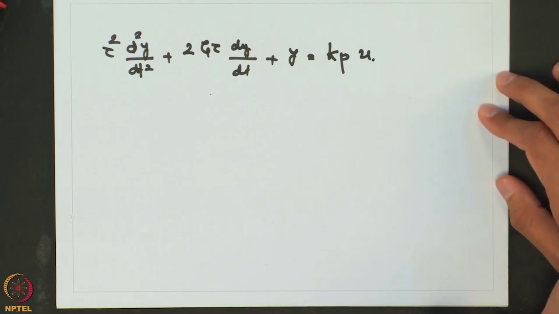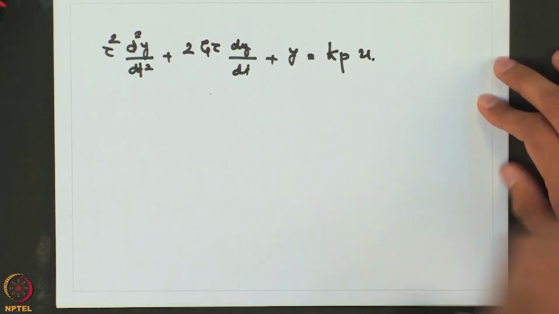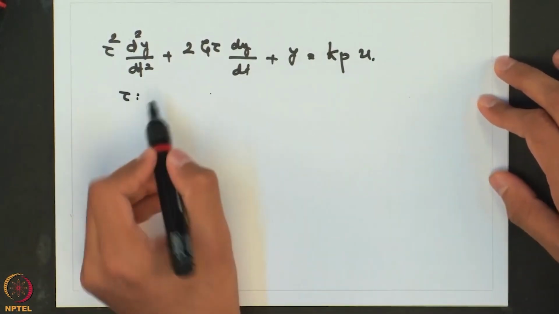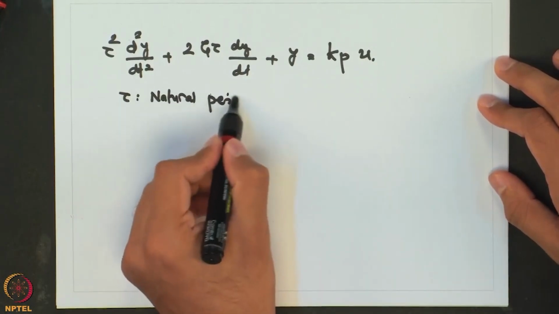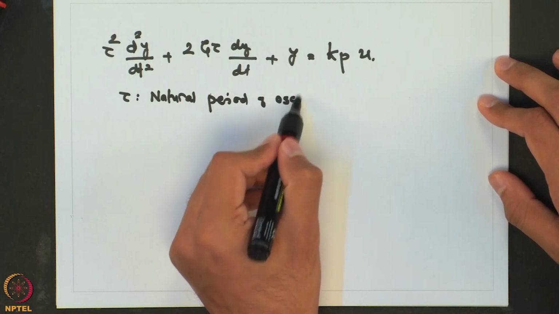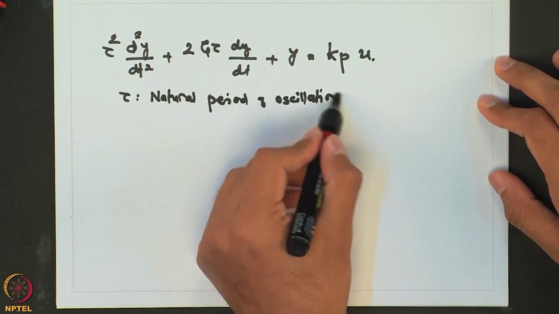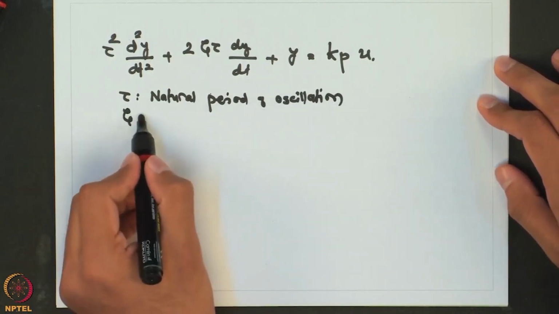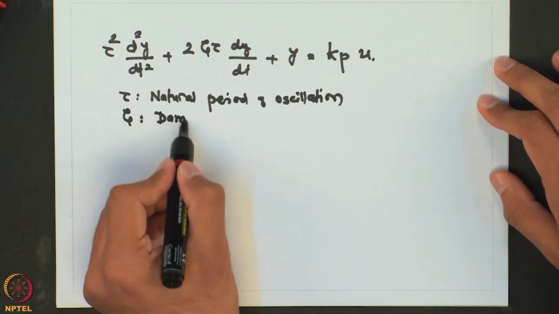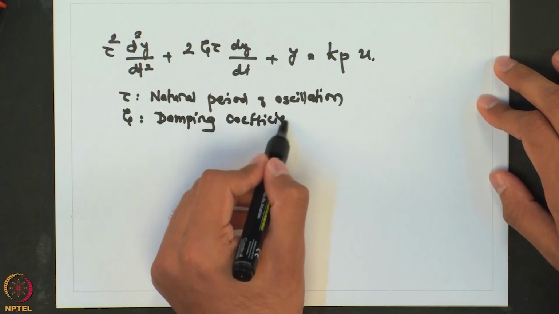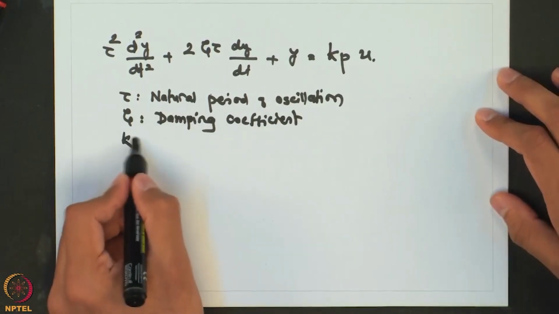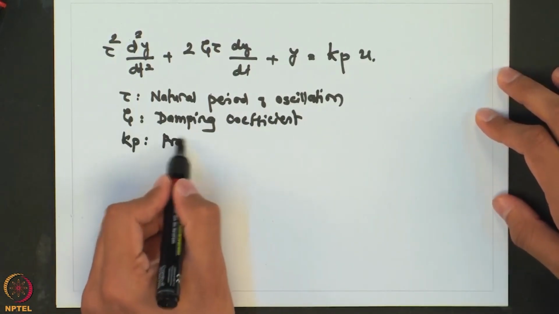So this is the standard form for a second order dynamical system, where tau is known as natural period of oscillation, zeta is known as damping coefficient, and Kp is known as process gain.